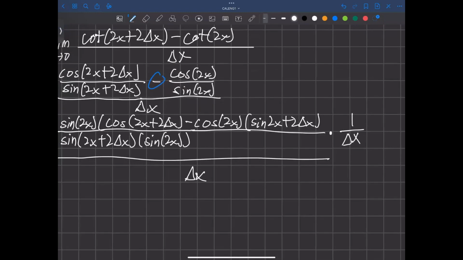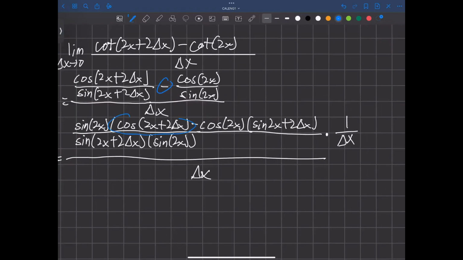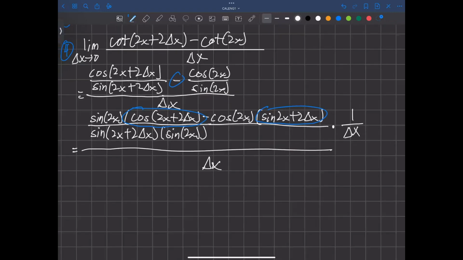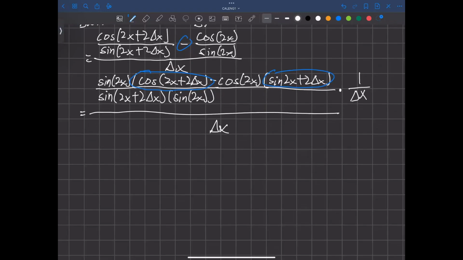After that, if you can notice right here, we have the sum identity of cos and the sum identity of sine. What we have to do is we just have to expand those identities.